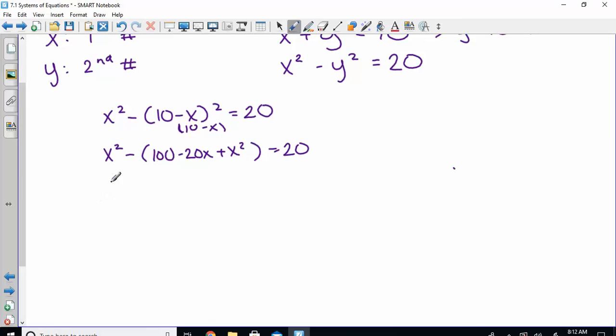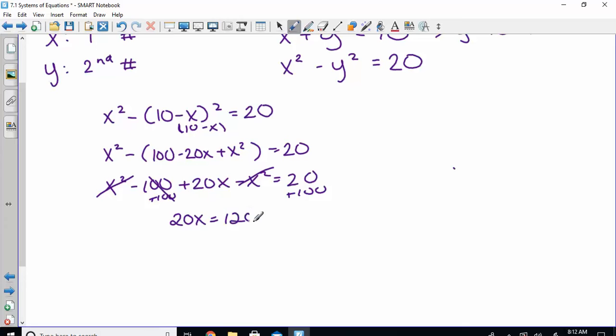Okay, if I distribute my negative, what happens? x squareds cancel. And add over my 100. So I have 20x equals 120. Divide by 20. And x is 6.